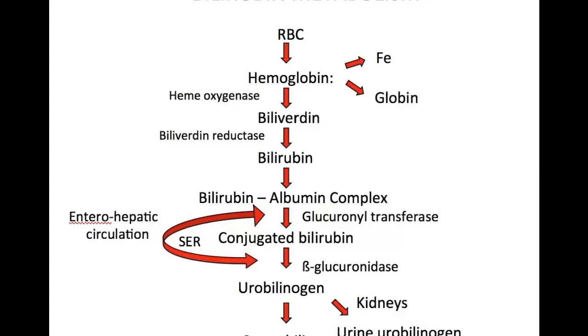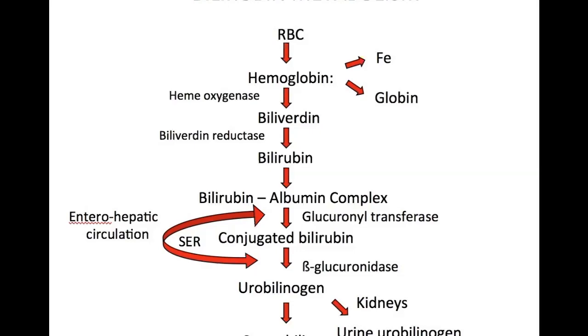Now this is bilirubin metabolism. So the breakdown of our red blood cells, the RBCs. Please take note, the major organ involved in the breakdown of RBCs is the spleen. The spleen is the graveyard of our senescent or old red blood cells.